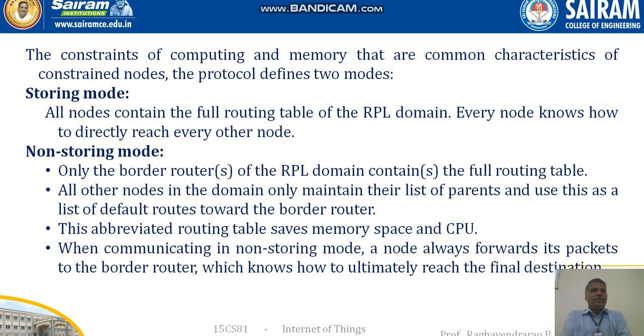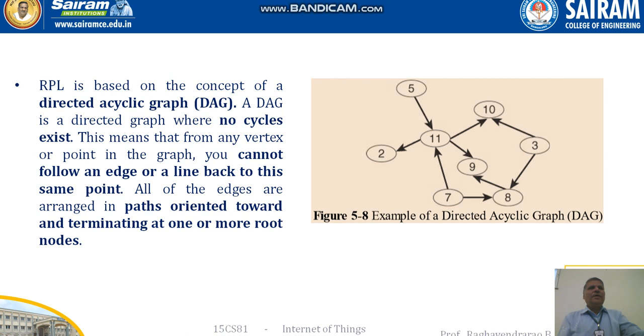This abbreviated routing table saves memory space and CPU. When communicating in non-storing mode, a node always forwards its packets to the border router, which knows how to ultimately reach the final destination.